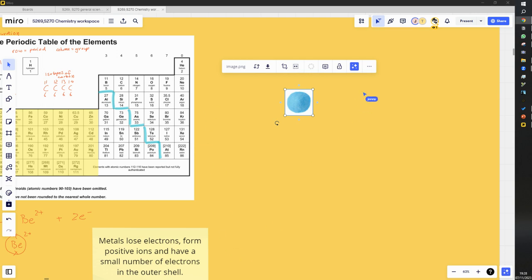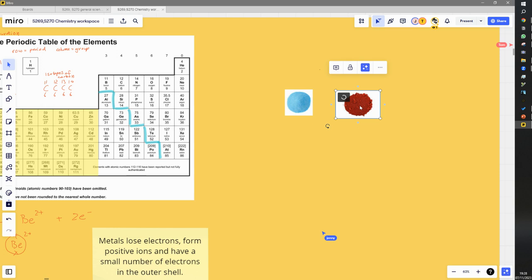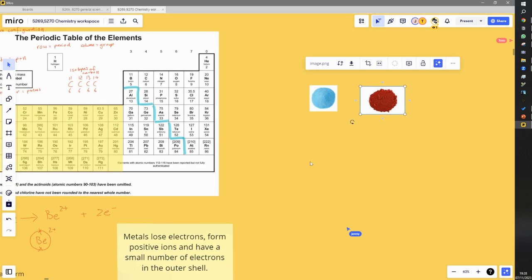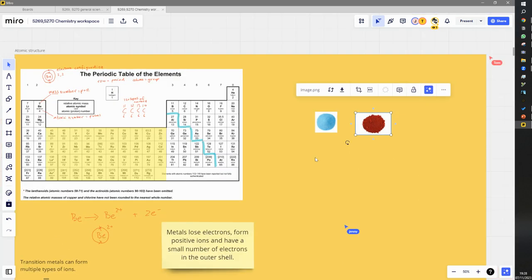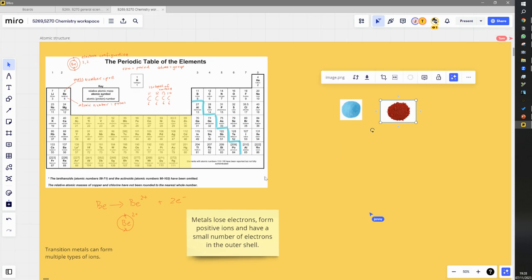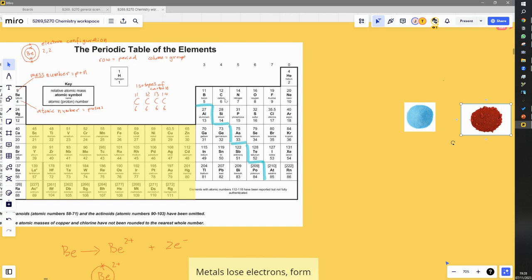Well, iron oxide is rust. So what colour is rust? Rust is bright red. Okay. So transition metal compounds are colourful. Non-transition metal compounds are not. They're usually just white.